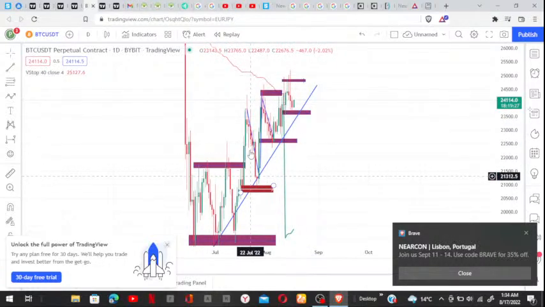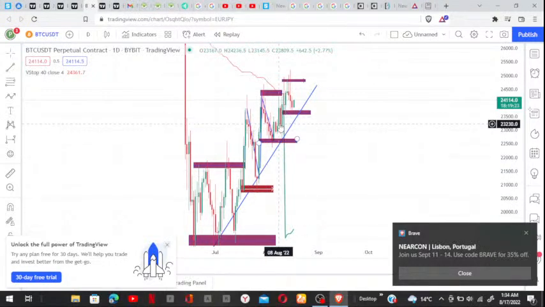It's forming some sort of zigzag going up.